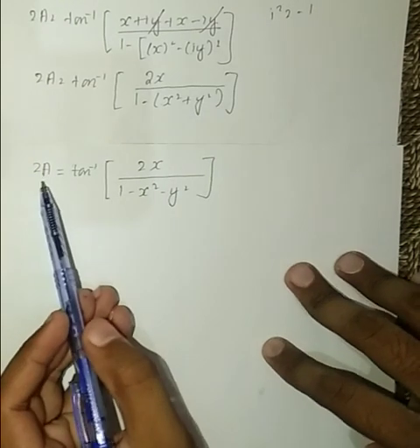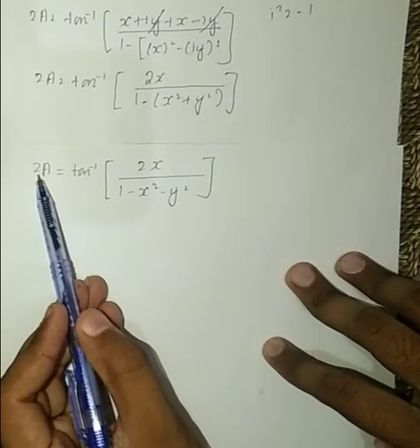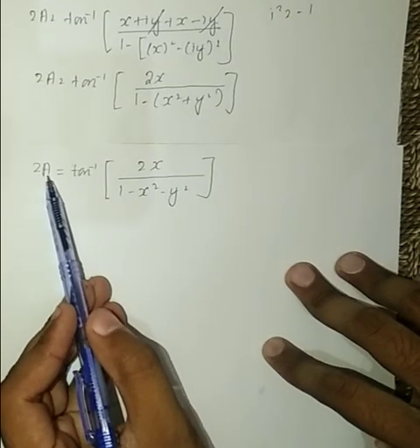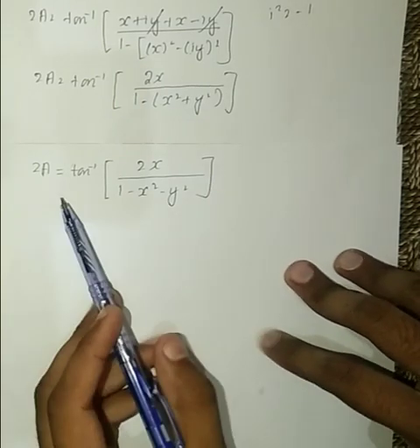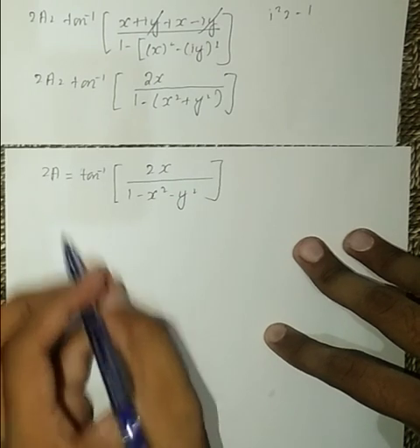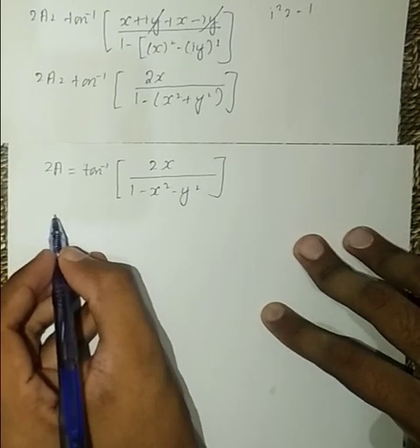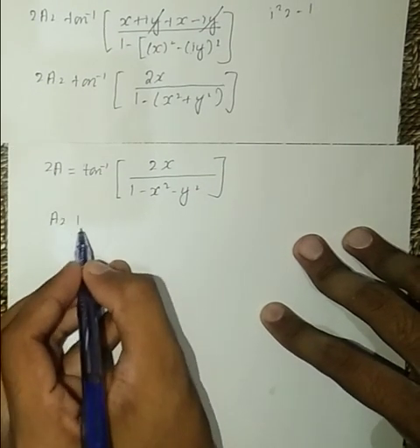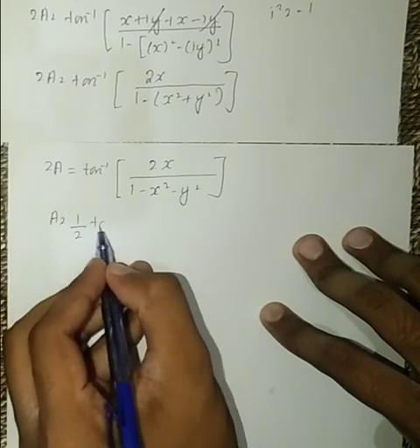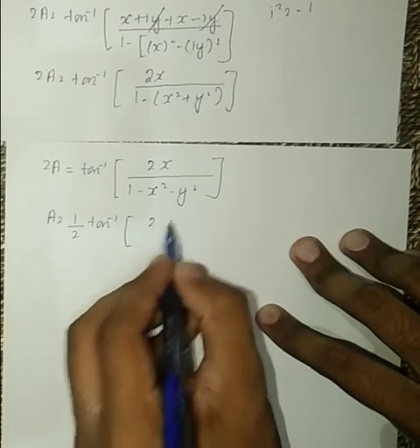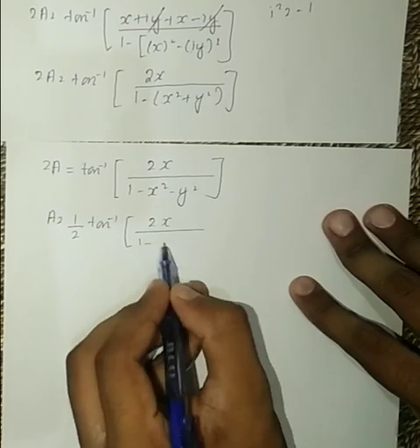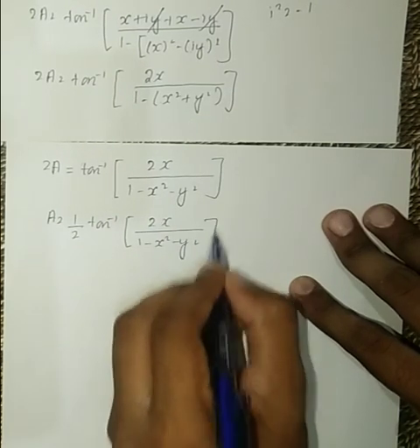So dividing both sides by 2, a equals 1 by 2 tan inverse of 2x over 1 minus x square minus y square.